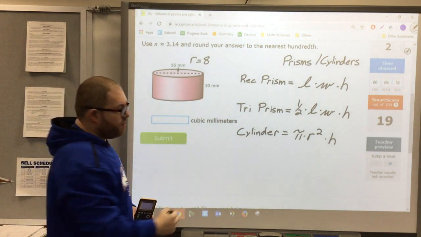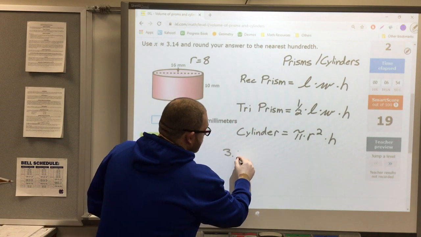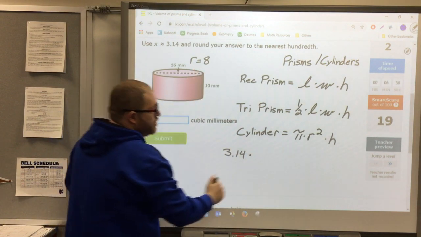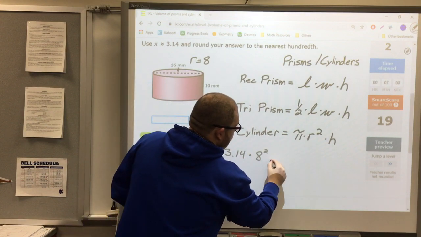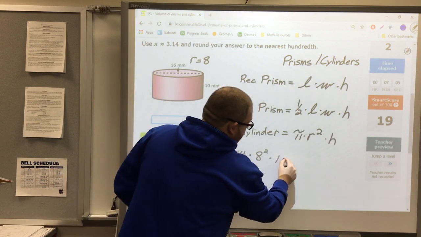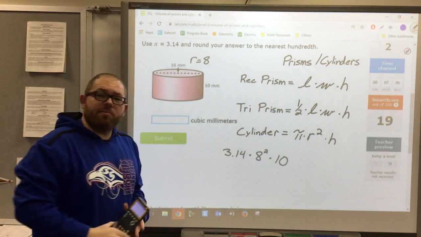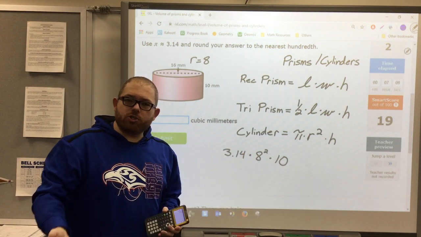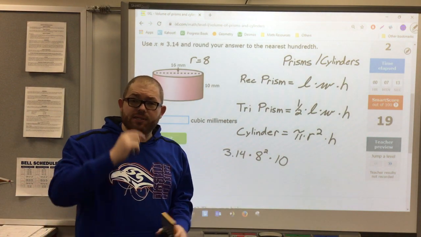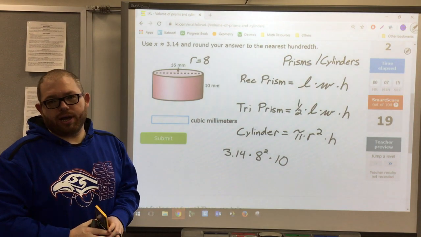So I start off with 3.14. I will multiply by 8 squared. And then the height of this cylinder is 10. Now some of you might square the 8 first to get 64, and some of you might try to type this in all at the same time on your calculator.